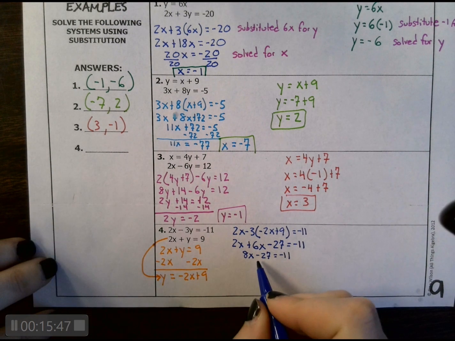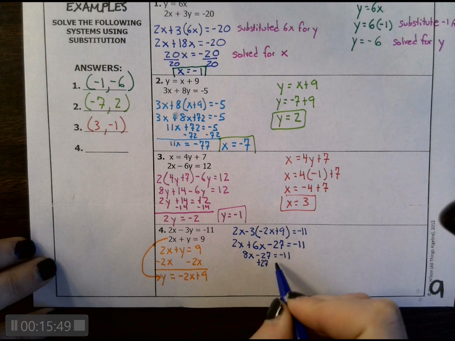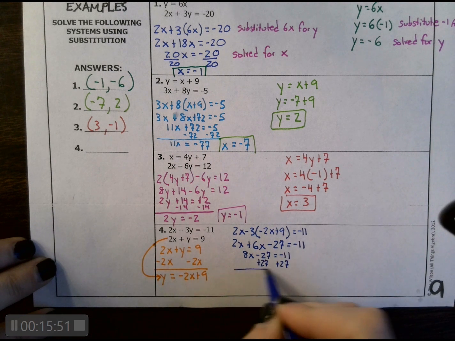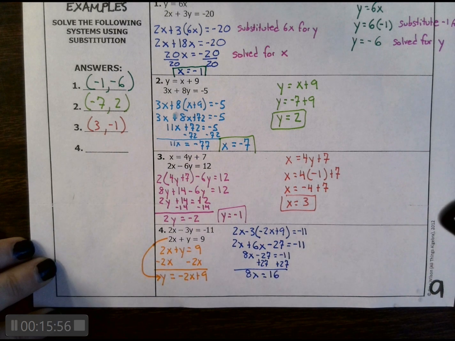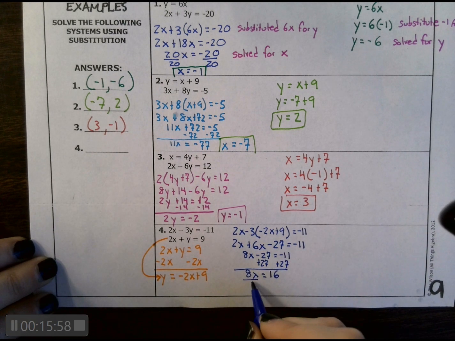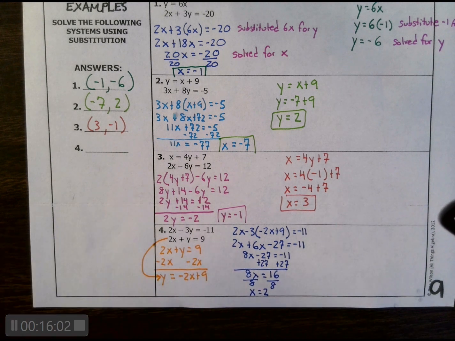And then we are going to add 27 to both sides. So 8x equals 16. Divide by 8. And we should get x equals 2. Okay?